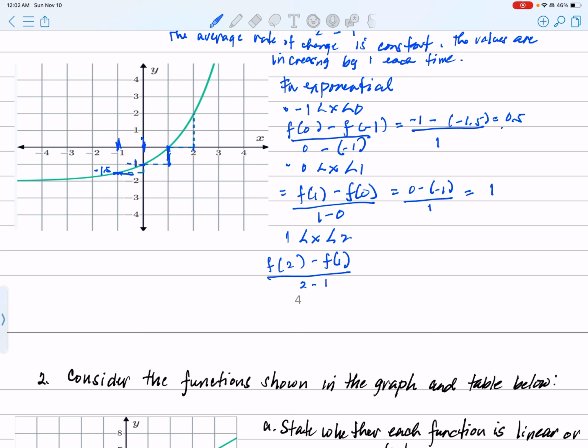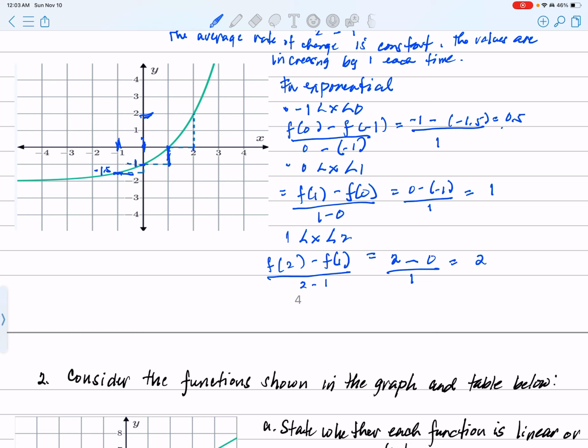Okay, f of 2 is 2 right here, minus 0, and then 2 minus 1 equals 1. So we have the rate of change of 2.